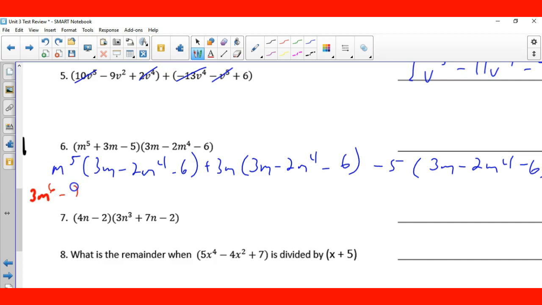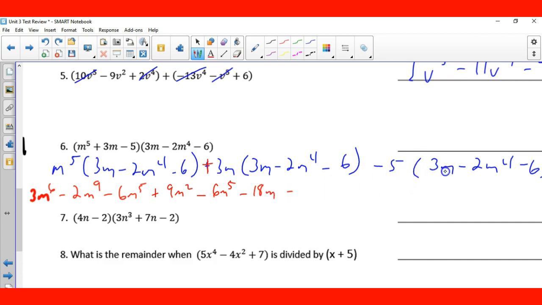Alright, minus 2m to the 9th. Minus 6m to the 5th. This is a plus, so we have plus 9m squared minus 6m to the 5th minus 18m.